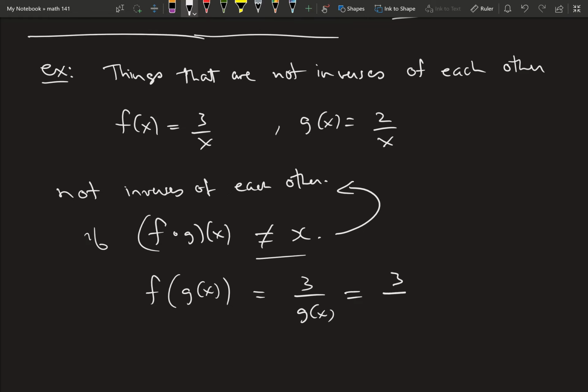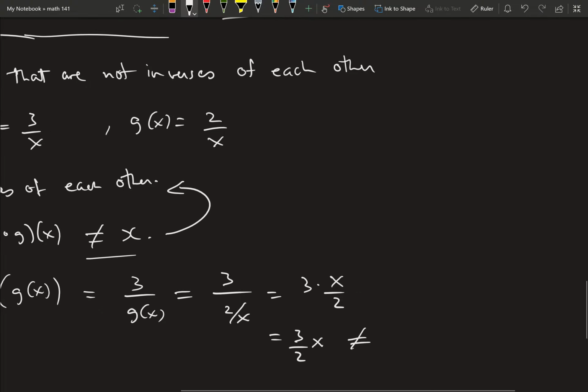Well, this is 3 over 2 over x. This is 3 times x over 2, which is 3 halves x. 3 halves x, well, that's not exactly x. And hence, they're not inverses of each other. Not inverses.